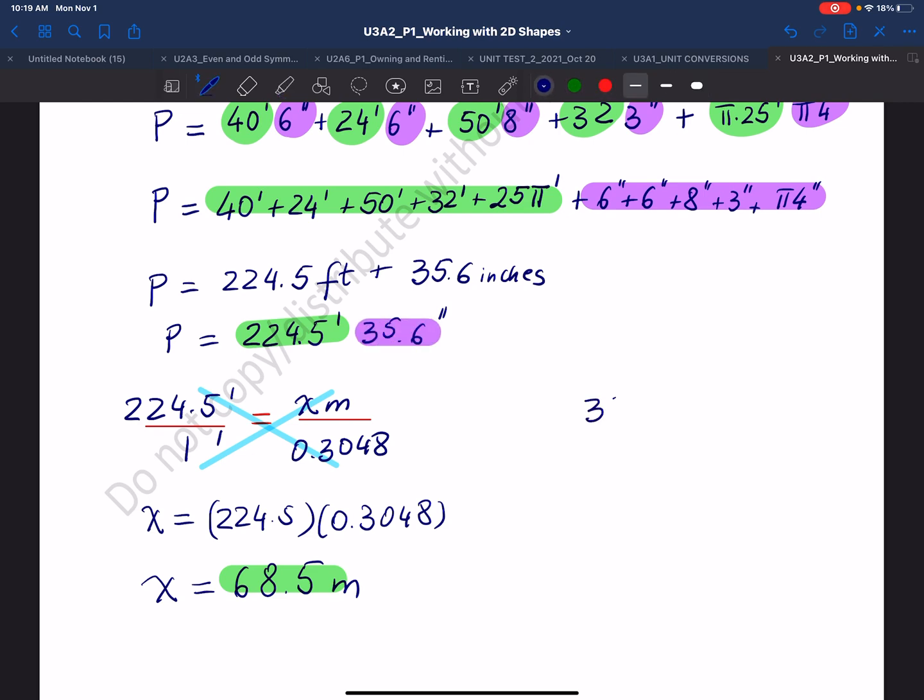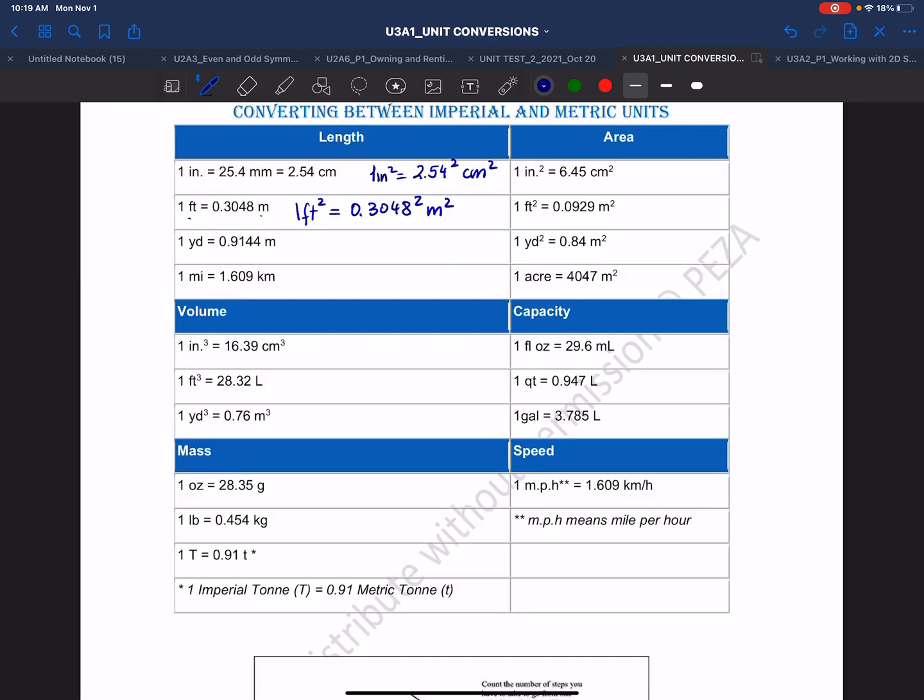So we want to convert 35.6 inches into meters. So we'll say x meters. So if we look at unit conversions, we have conversions inches to centimeters. We don't have direct conversion inches to meters.